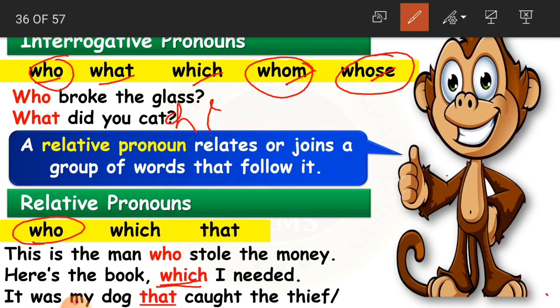Here we join a group of words, or relate to another sentence in the same sentence. For example, it was my dog. There is a dog, and who caught the thief? The dog caught the thief. So it was my dog that caught the thief. That becomes our relative pronoun.